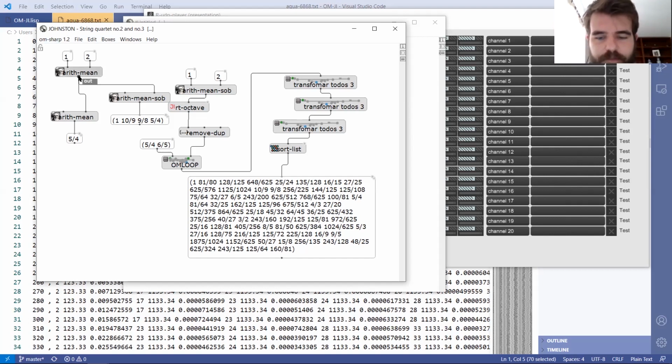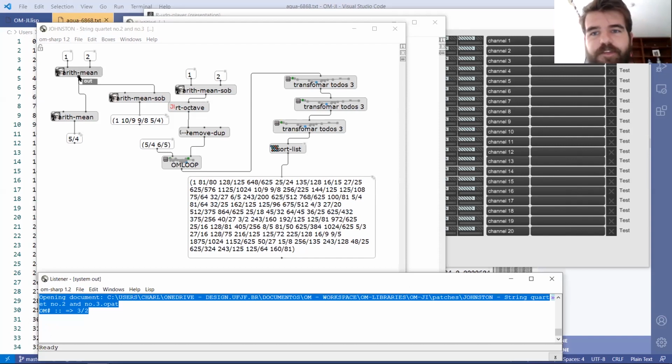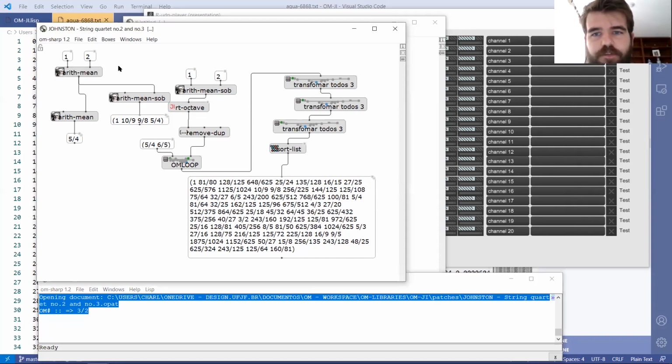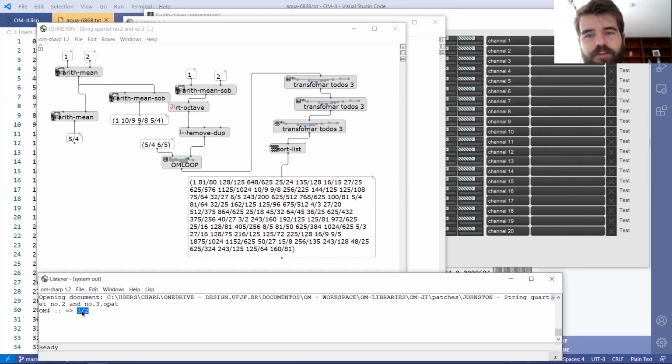Then here we have the starting point of Johnson, which is to divide, to see what is the mediant ratio. I don't know what's the name. So I add 1 plus 2, then I divide by 2 again. So it will give me 3 by 2.